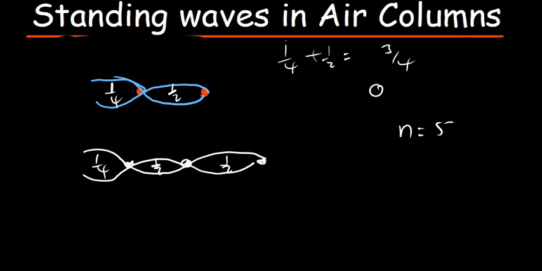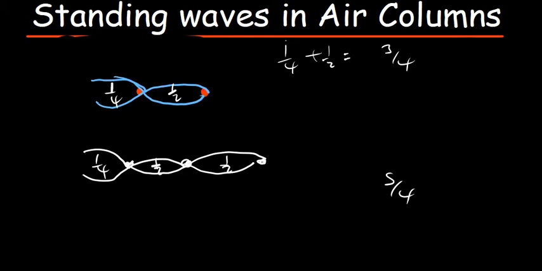So if we add, we end up having 5 over 4, meaning n is equal to 5. So when n is equal to 5, we have got 3 loops in this case. Okay, so that is what you need to know.